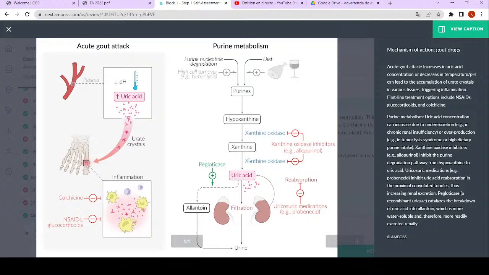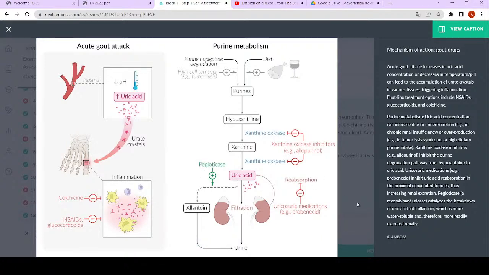And then, well, to inhibit the reabsorption, you can use probenecid, and that's it. Pegloticase, it's to convert the uric acid to allantoin, that it's easy to excrete in urine. But these are the drugs not for the acute.